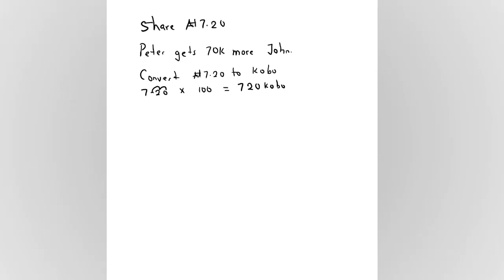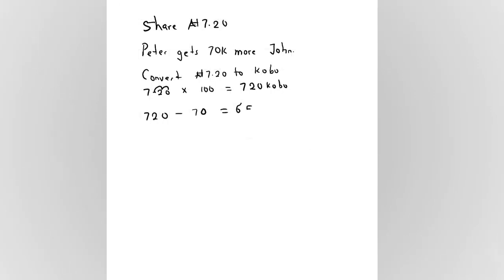Because Peter gets 70 kobo more than John, from this you take away 70 kobo. So we have 720 minus 70 kobo, which is 650 kobo.